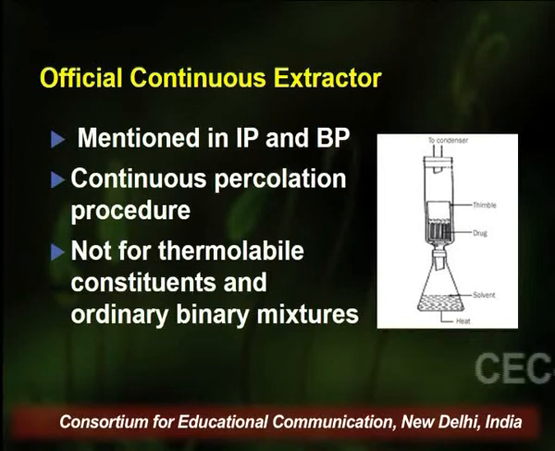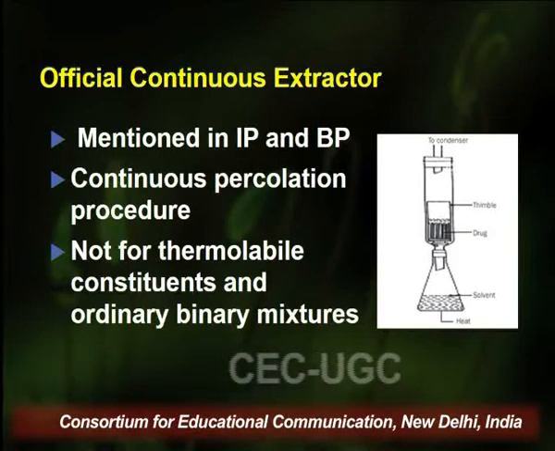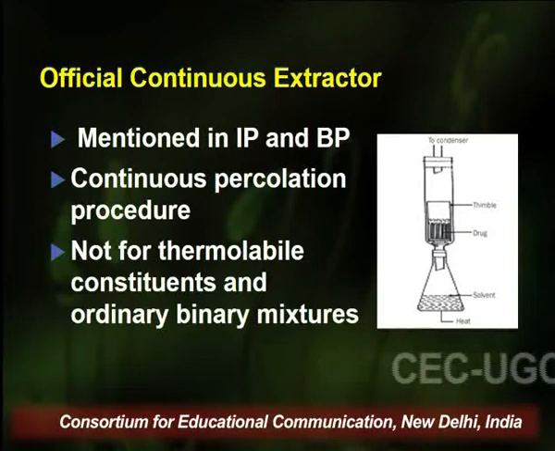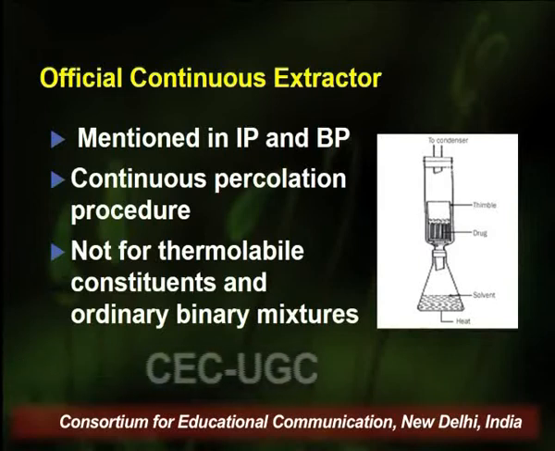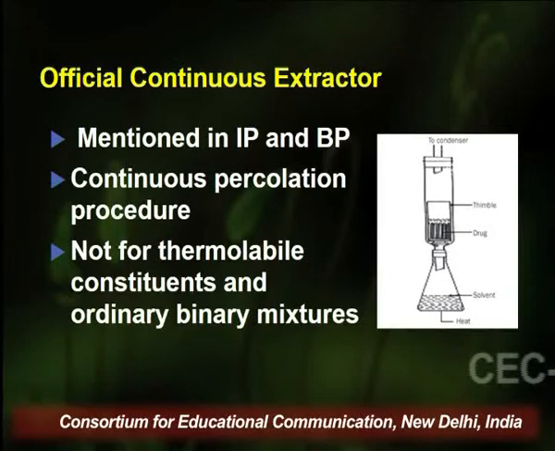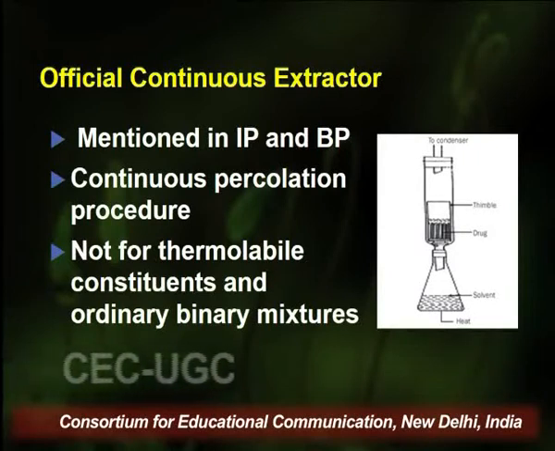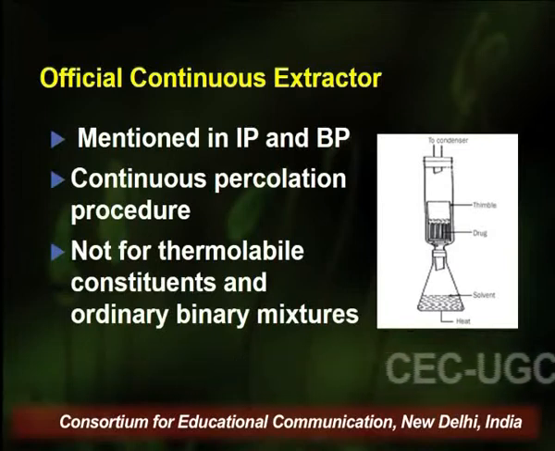That is why it is known as the continuous extractor, and the major advantage of this method is that the solvent does not get saturated for whatever time you are extracting the drug material, because every time fresh solvent is falling on the drug. So this increases the overall extraction efficiency of this process. But the major disadvantage is that you cannot use this method for thermolabile constituents, or drugs that contain thermolabile constituents.